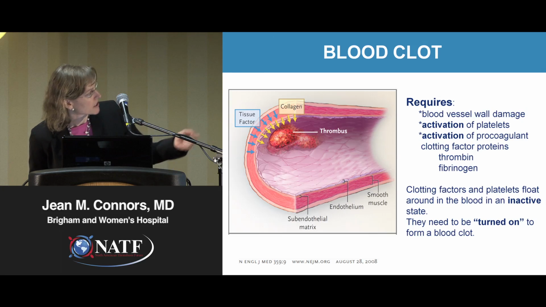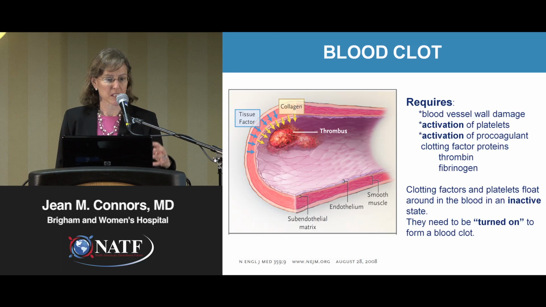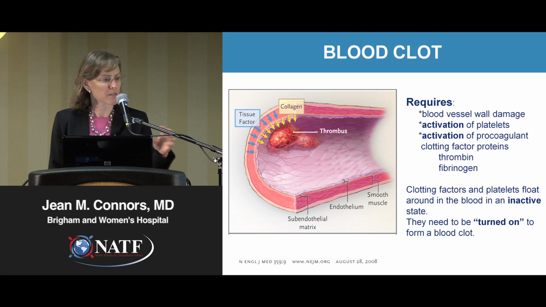Now, this is a picture of a blood vessel, and normally blood flows quickly through the vessels. The platelets and the blood clotting factors do not interact with the blood vessel wall because they are not able to interact with it. They're sort of quiet. They're turned off.